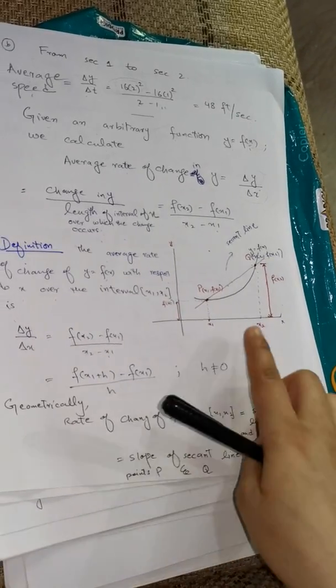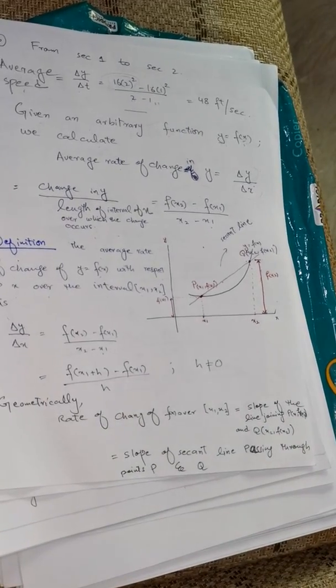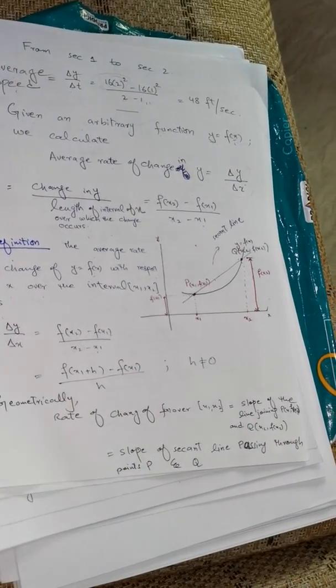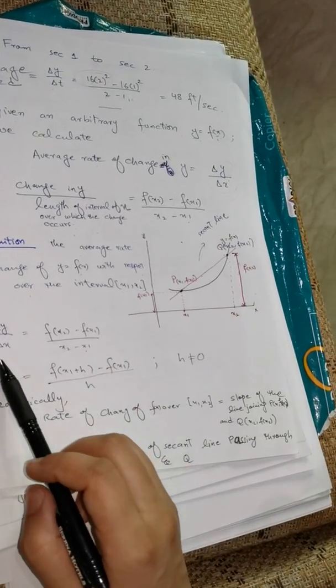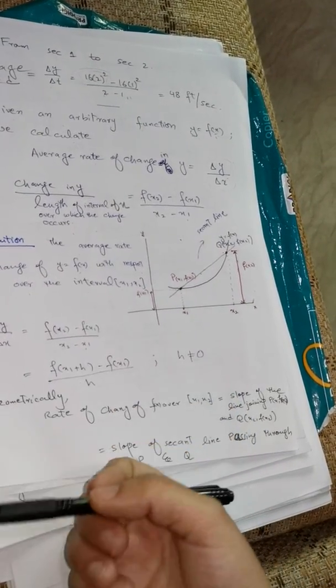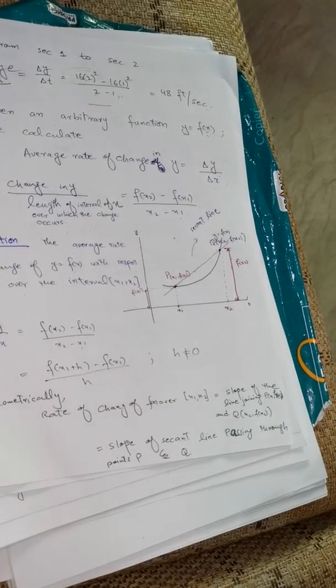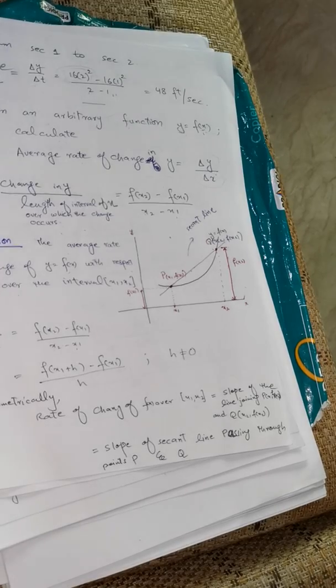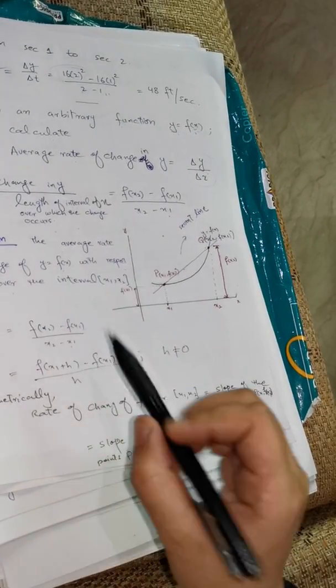So we are going to relate this definition in terms of the graphical point of view. So what is the average rate of change in y with respect to the independent variable? So this one is f of x2 minus f of x1.